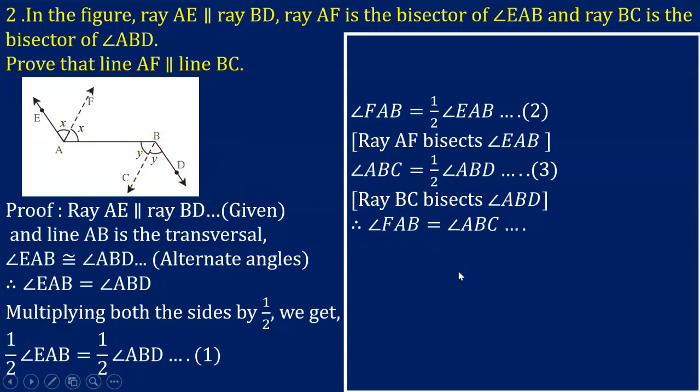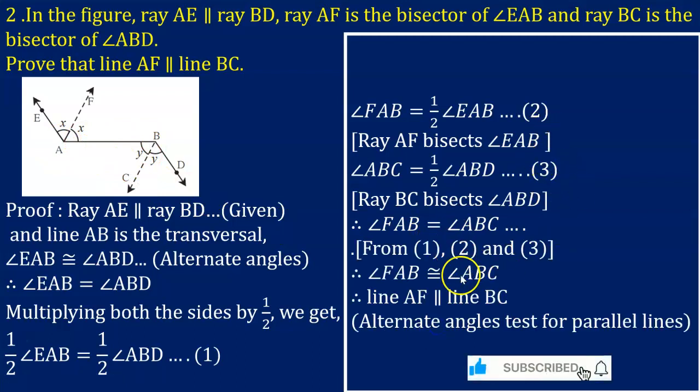And therefore, hence, we'll say that here, as these two angles are equal, their halves will also be equal. या दोघांचे हाफ जर आपण केले तर ते देखील कसे असणार आहे, तर ते इक्वल असणार आहे. And hence measure of angle FAB is equal to measure of angle ABC.